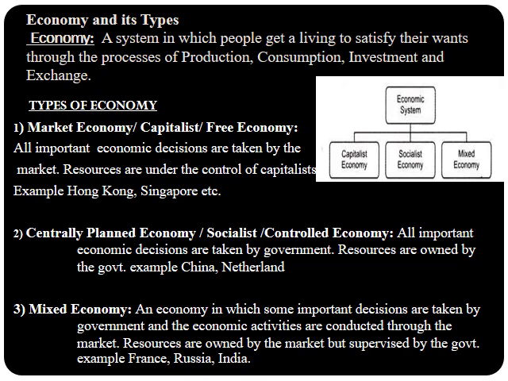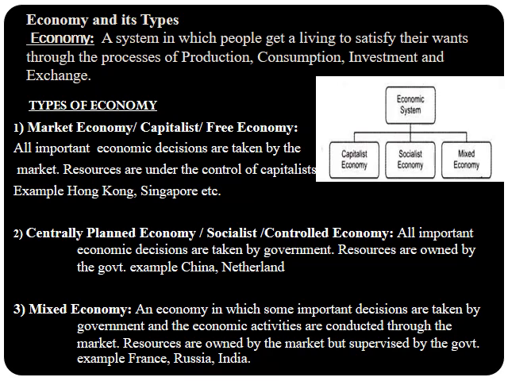Second, centrally planned economy, also known as socialist economy or controlled economy. In this economy, all the important economic decisions are taken by the government, and resources are owned by the government. For example, China and Netherlands.